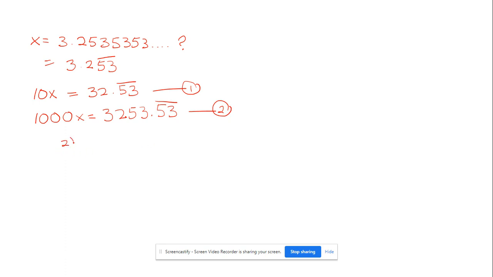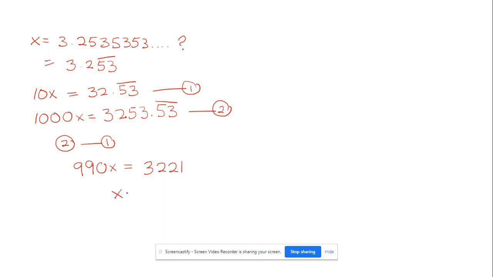And let's put this one, 2 minus 1. What happened then? Now in this case, alright, I will have 990x left, and then my equation number 2 minus number 1 now becomes just a whole number. See, it looks quite nice, isn't it?